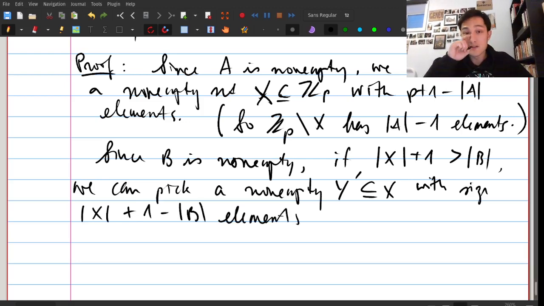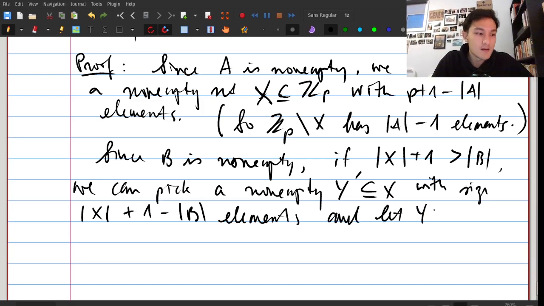It's the same process, except now it's within X. And then let Y equal Y prime union Z_P minus X.